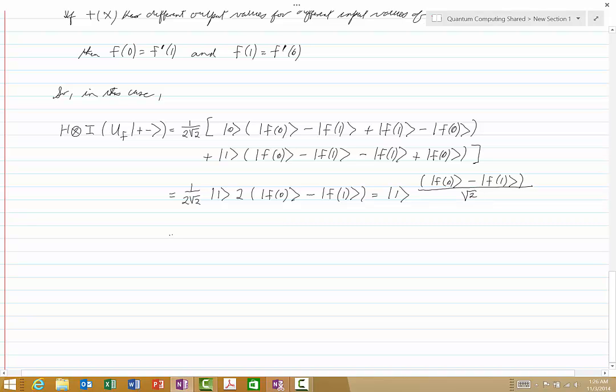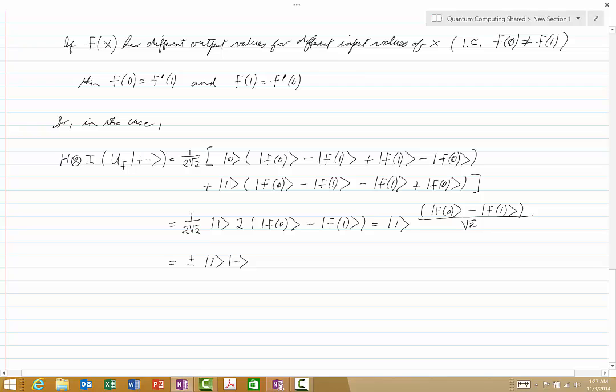And so this final answer is plus or minus 1 minus. Again, if f of 0 is 0 and f of 1 is 1, and keep in mind, if f of 0 were equal to 0, in this case that we're considering, then f of 1 would have to be 1, because we're considering the case where f of 0 and f of 1 are different.